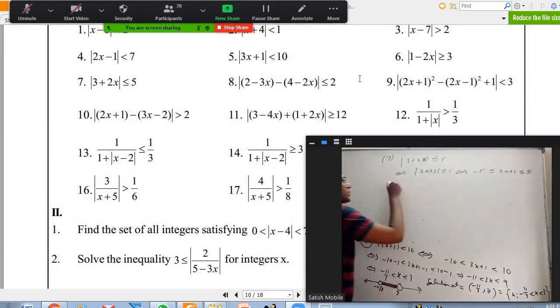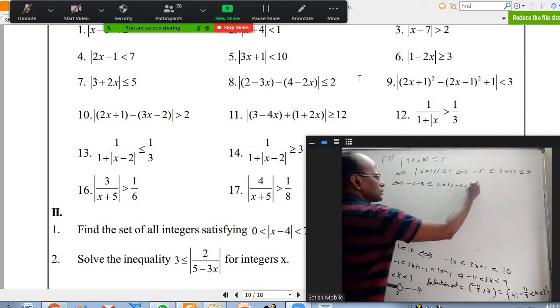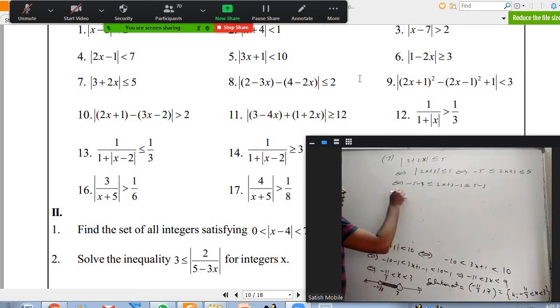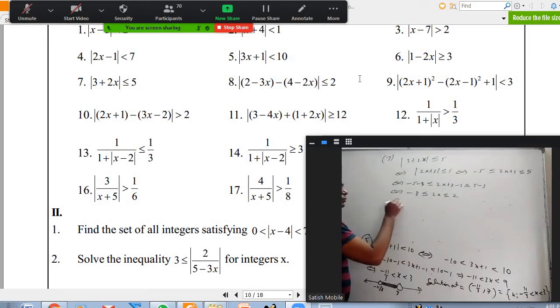I can subtract 3: minus 8 less than or equal to 2x less than or equal to 2. Divided by 2: minus 4 less than or equal to x less than or equal to 1. That's it.